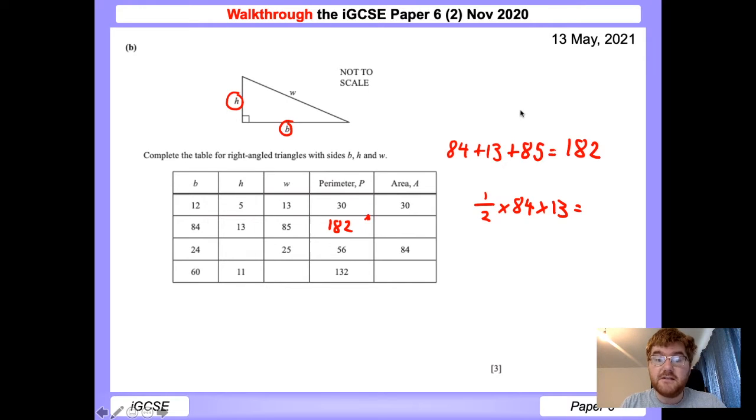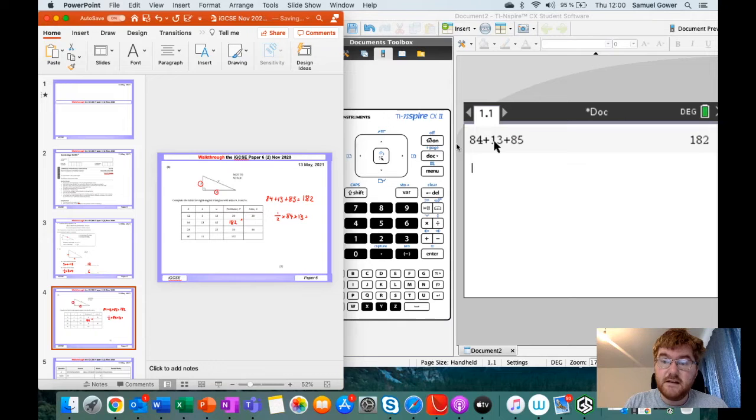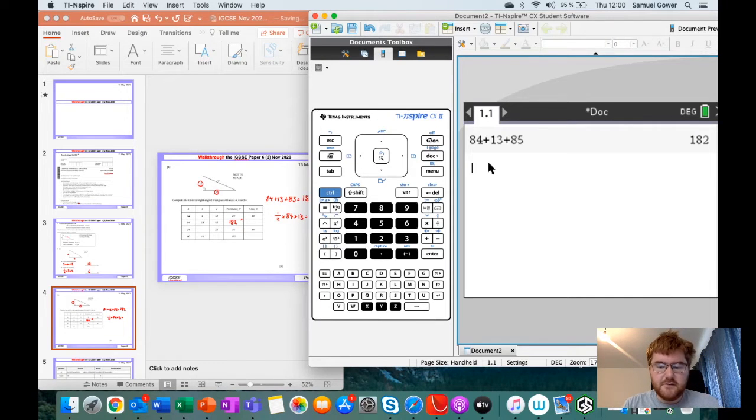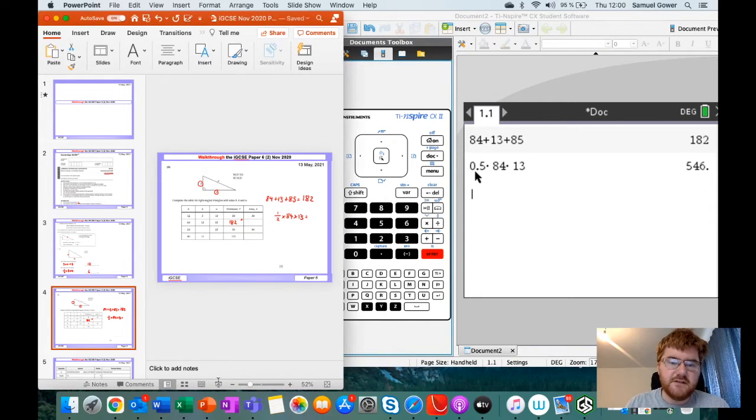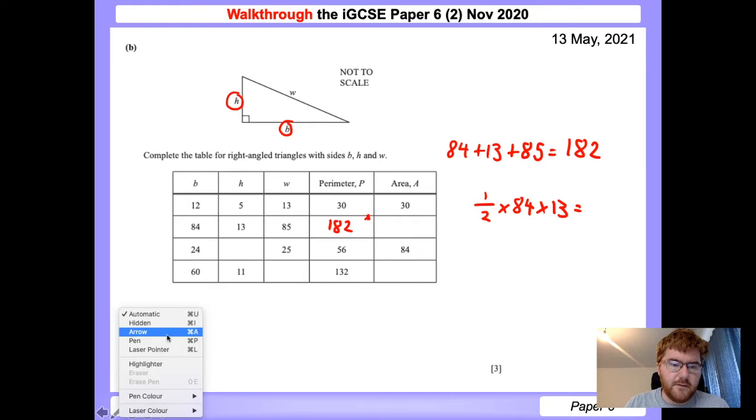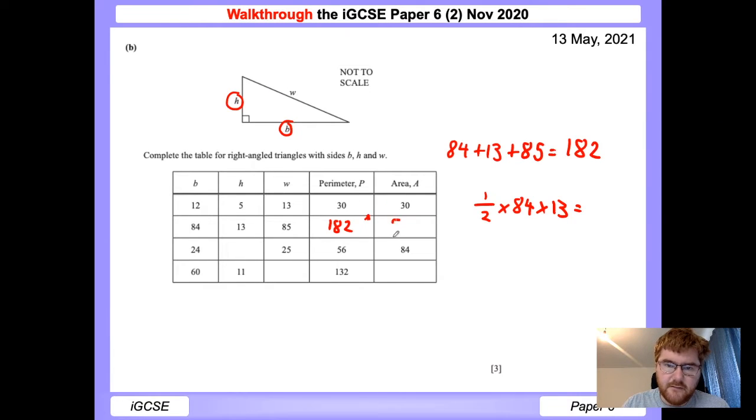So I'll go back to my calculator, and we just go 0.5 times 84 times 13, and then we get the answer of 546. So we pop that in, 546.